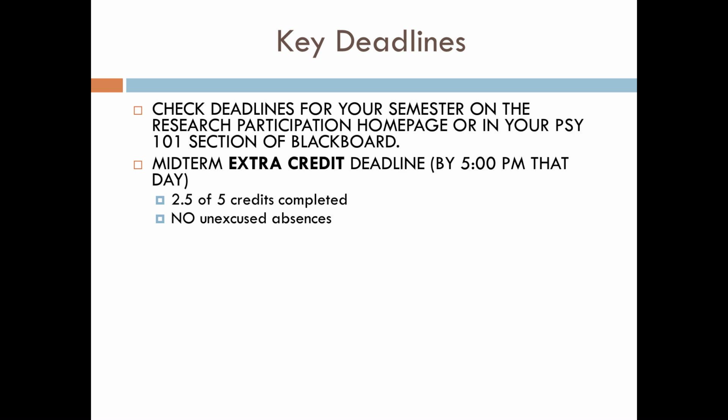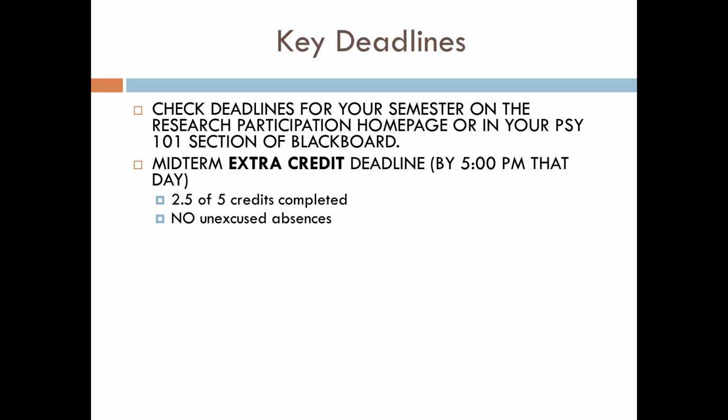Here's some more information about those deadlines. For Psychology 101 students, there is an extra credit possibility offered to you. If you receive 2.5 out of 5 credits by 5 p.m. on the day of the extra credit deadline, you can receive a few points of extra credit to your Psychology 101 class.